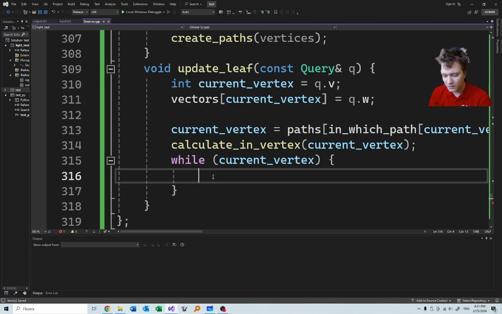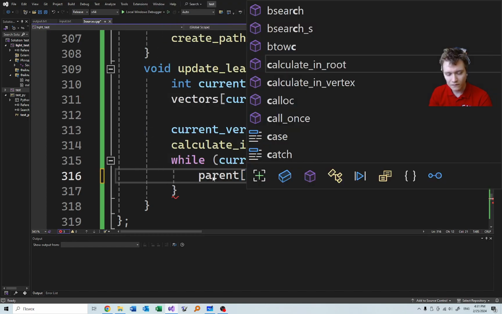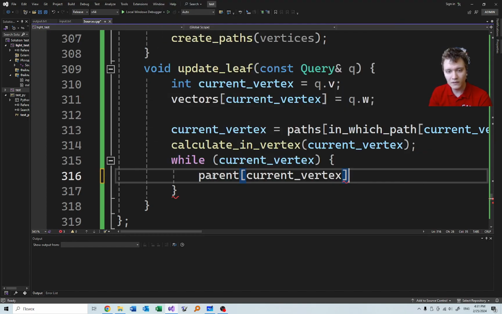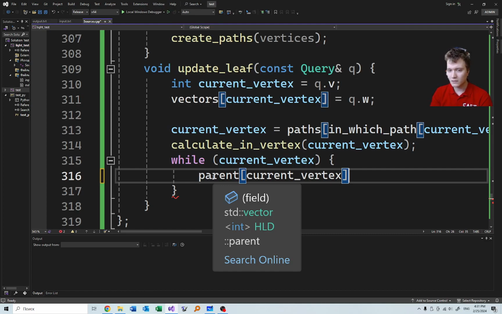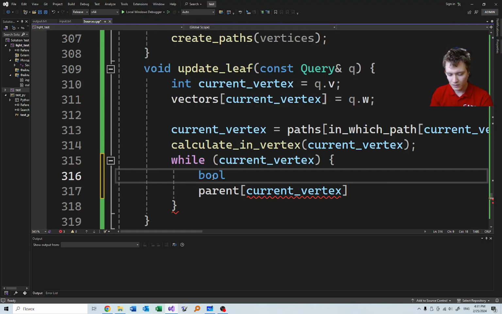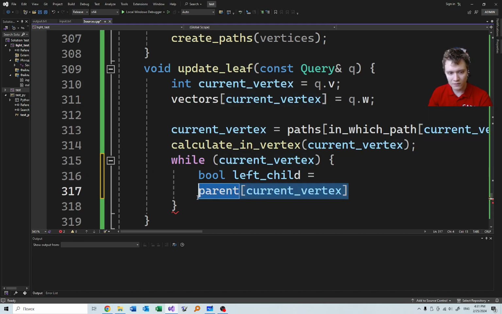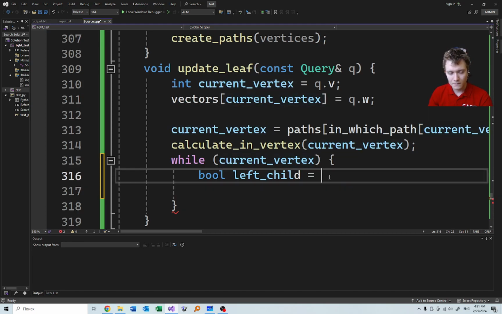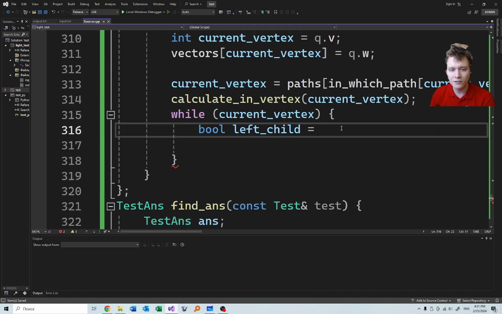So let's take parent of current vertex. So we have a parent. Let's store if we are left or right child. So bool left child equals, is it true that... So we need, for each vertex, for each parent, we need to know if we are left child or a right child.